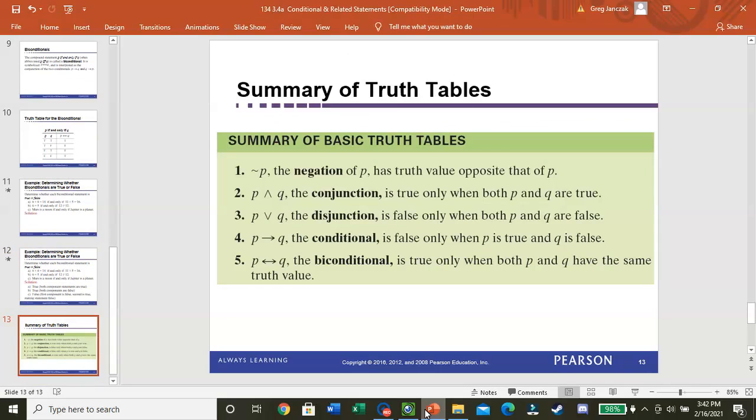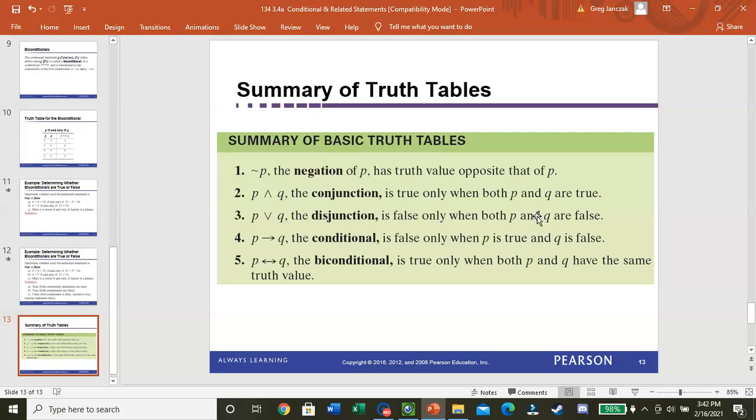And so this is a summary. Negation. Conjunction, that's and. The V-looking symbol is a disjunction, an or statement, which is false only when both P and Q are false, so you only need one or the other to be true.